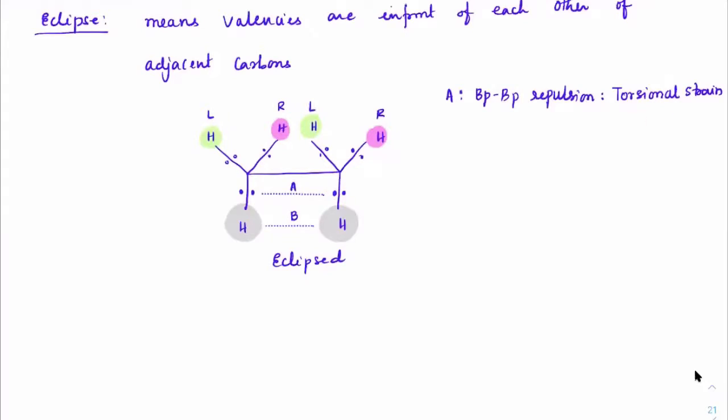Okay. In the same way, if the repulsion happens between the entire cloud of electrons, this cloud of electrons and this cloud of electrons repelling each other, right? Then we will have van der Waals strain. This is van der Waals strain, also known as steric strain.